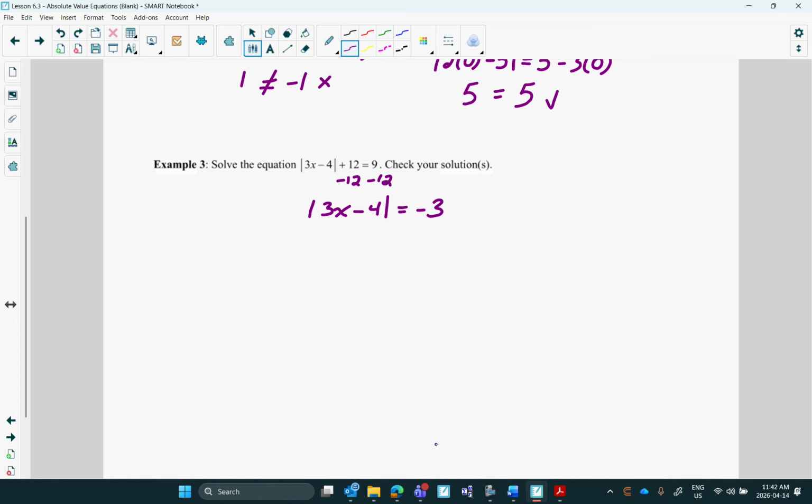So I want you guys to go ahead and finish this. Just sort of do this slowly so that you stay ahead of me. Your equations should look like this. Okay.